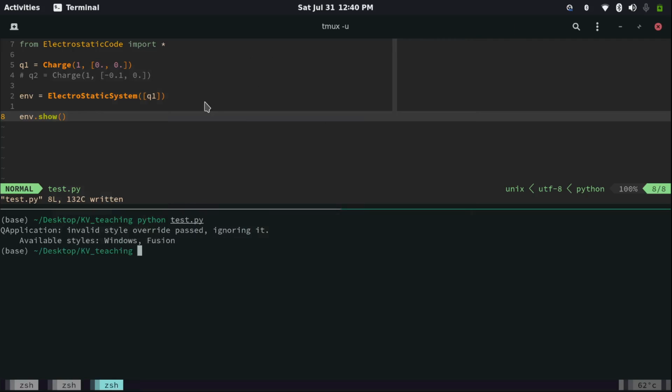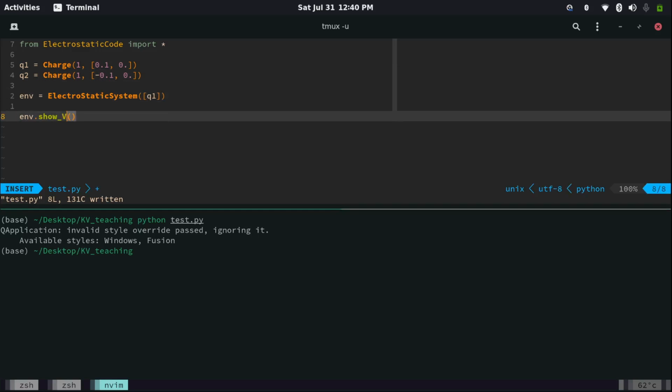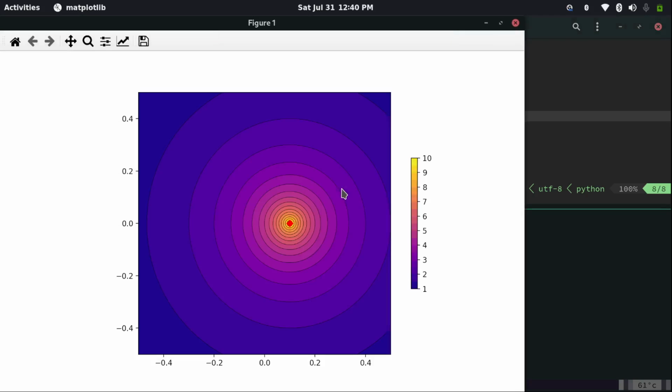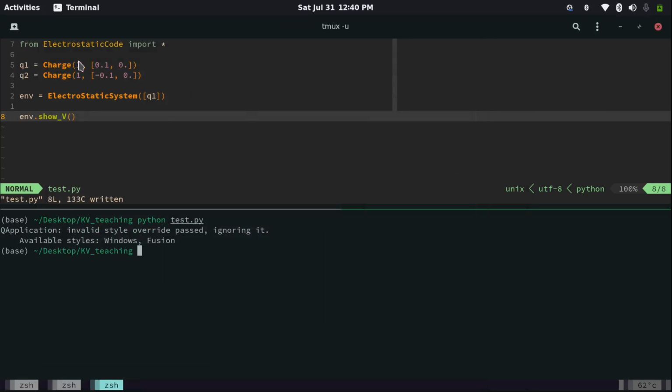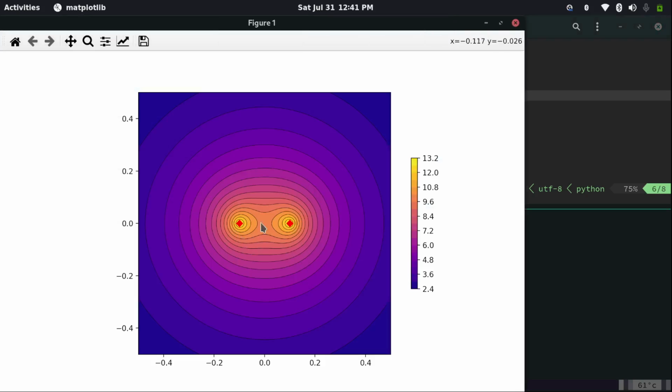So I will show you some other diagrams also to give you a good idea, okay? Let's say I have two charges which look something like this. What I have done here is put two positive charges a little bit apart, okay?